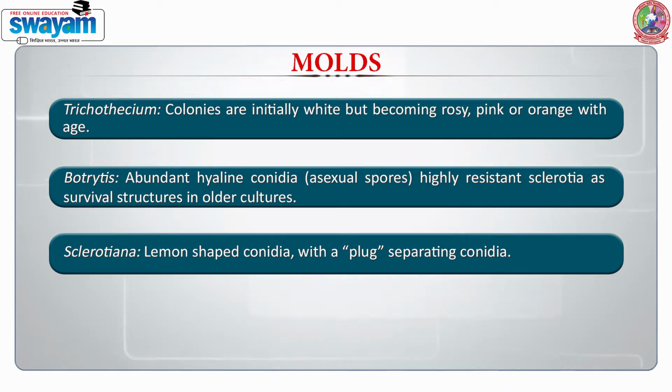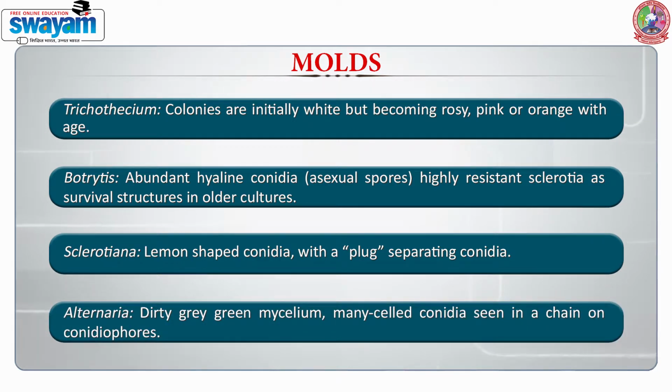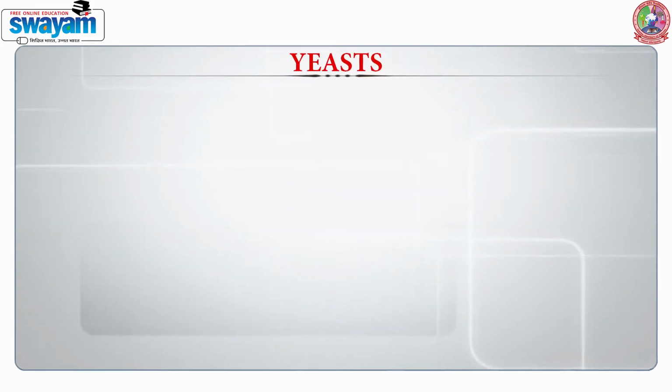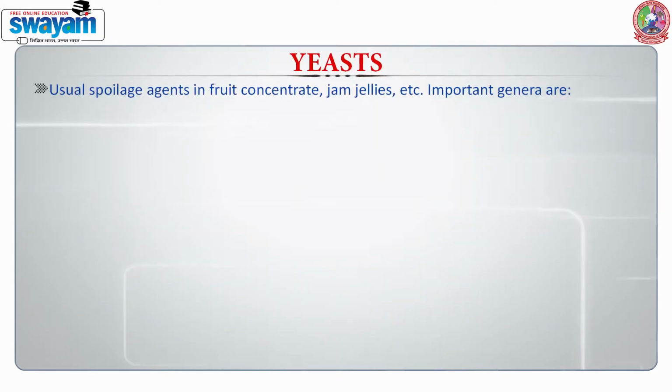Another common fungus is Alternaria. This fungus is characterized by dirty grey green mycelium and the conidia are many celled. They may be present as a chain on a conidiophore. Yeasts are also spoilage agents of fruits, vegetables and their products.